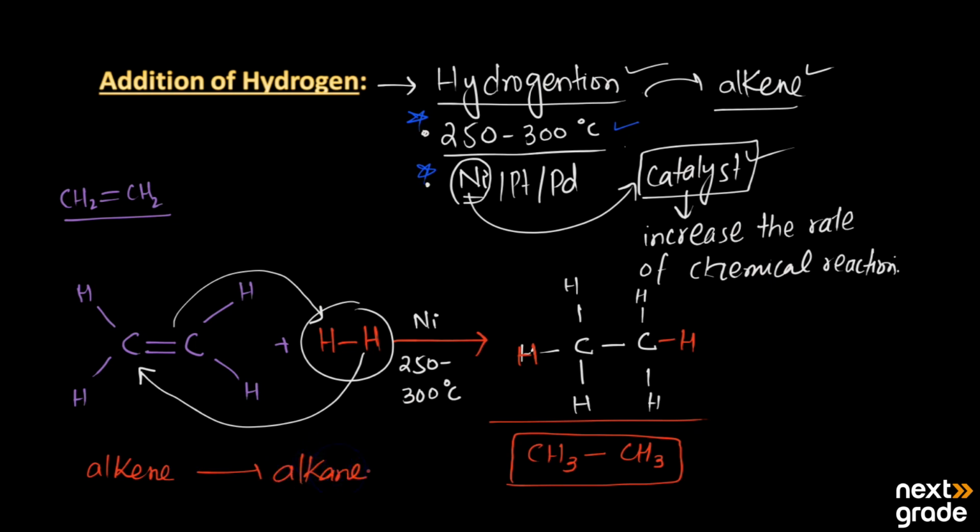So this method can also be used for the preparation of alkanes, in which alkenes are converted into alkanes with the help of hydrogenation, which is the addition of hydrogen. So this was a simple method.